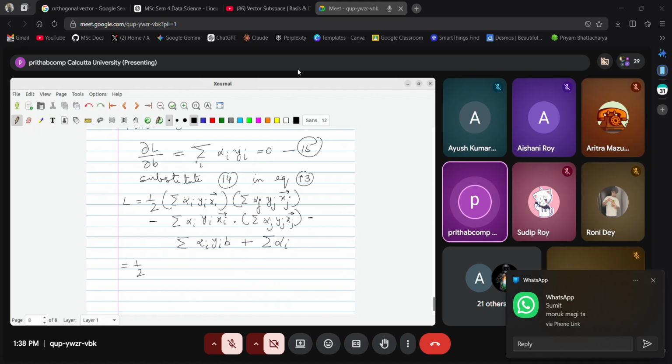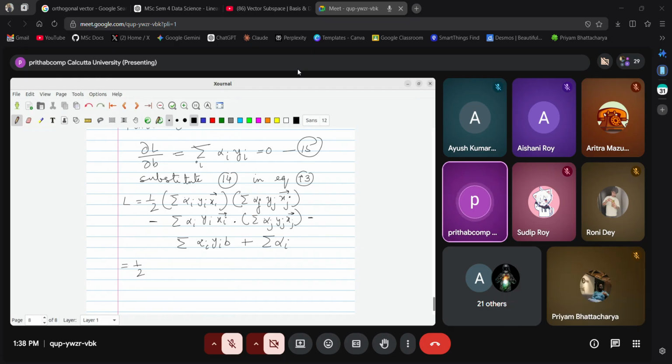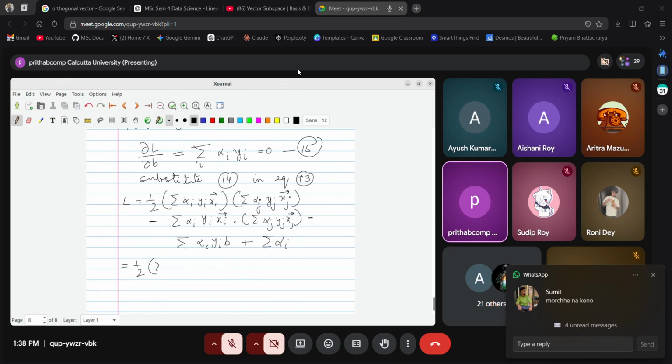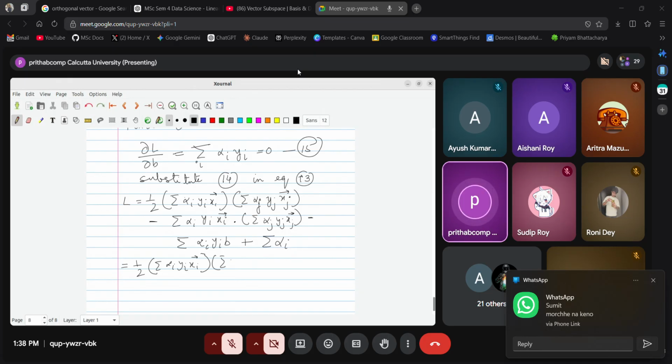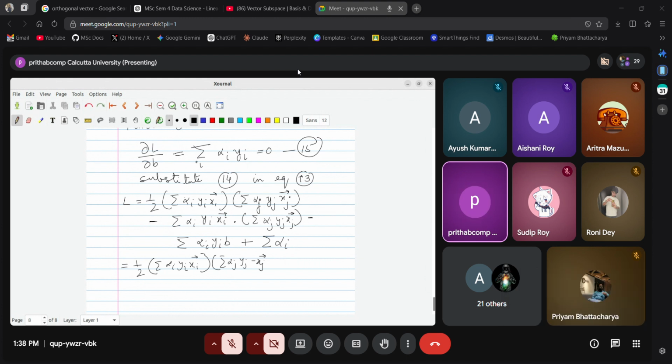So now you can write this again as half the summation alpha i yi xi, then summation alpha j yj xj, minus the rest of this part, alpha i yi xi into this summation alpha j yj xj.